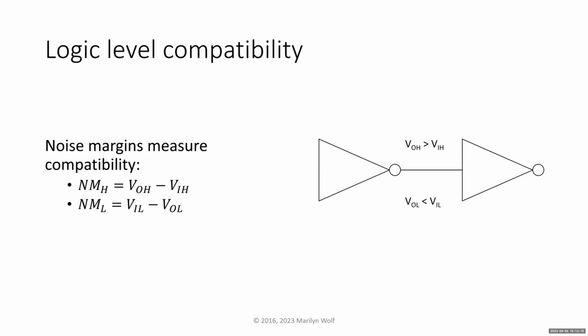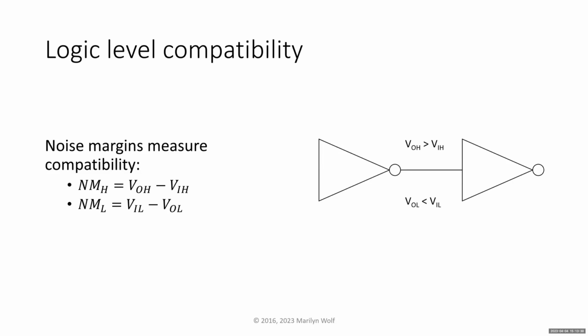gate, right? And so we want the right-hand gate to see a logic 0 when the predecessor is sending a logic 0, and a logic 1 when it sees the predecessor is sending a logic 1. Okay, so the input gate has its own levels.